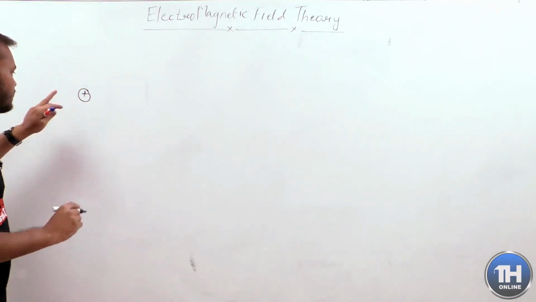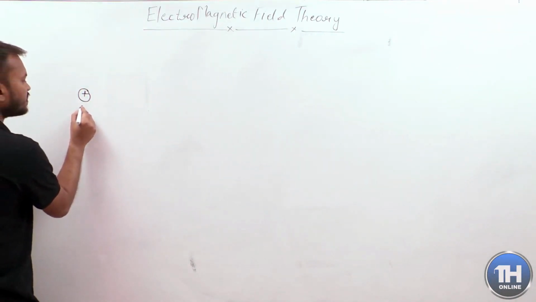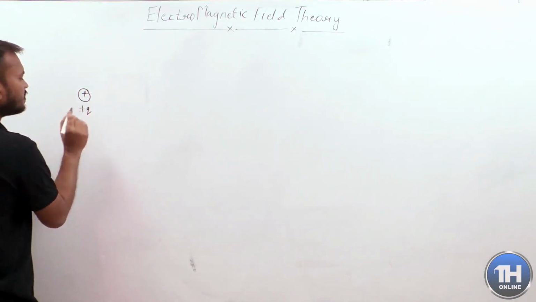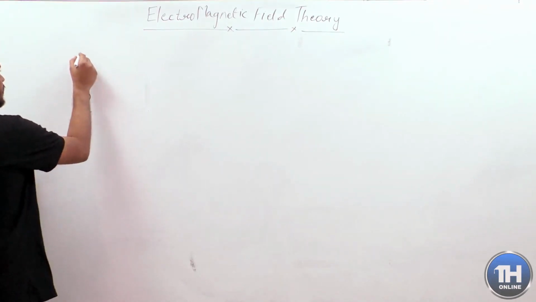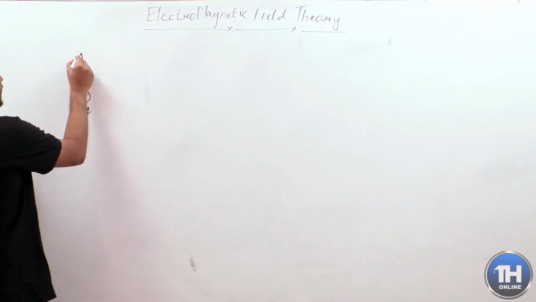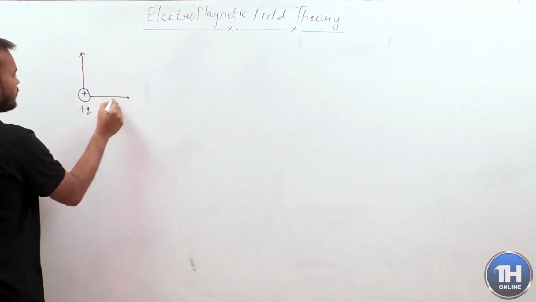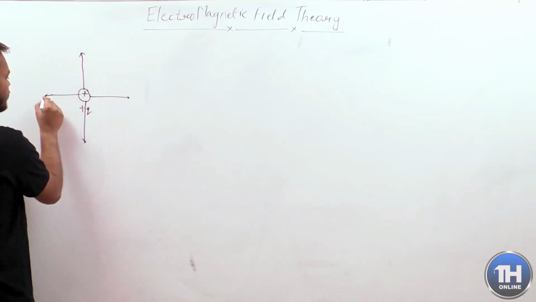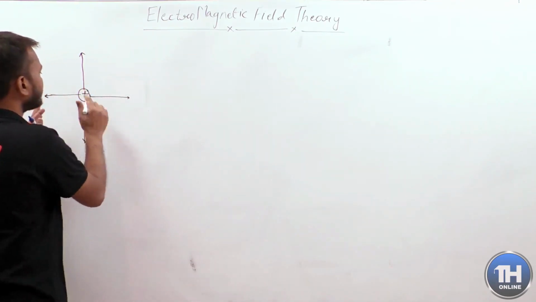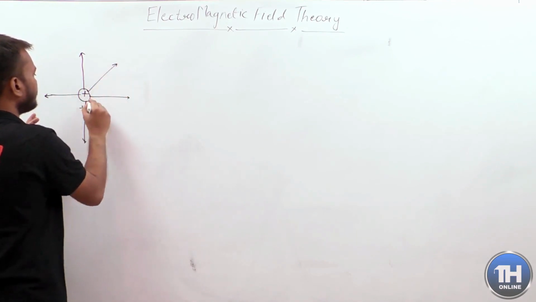So it is a point charge. Let the value of this point charge be plus q magnitude, given in coulombs. Since it is a point charge, it will emanate an electric field around it. This point charge will emanate the electric field around it.